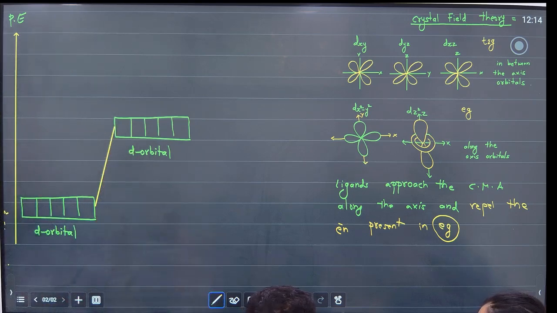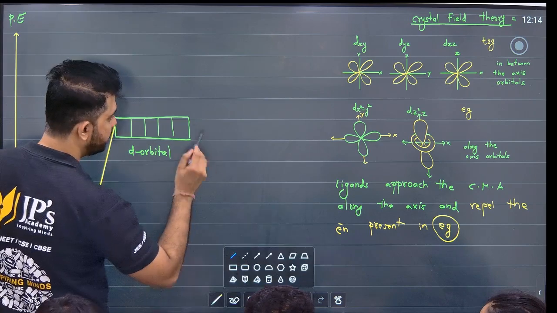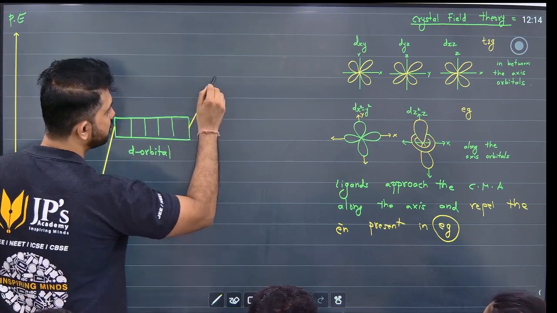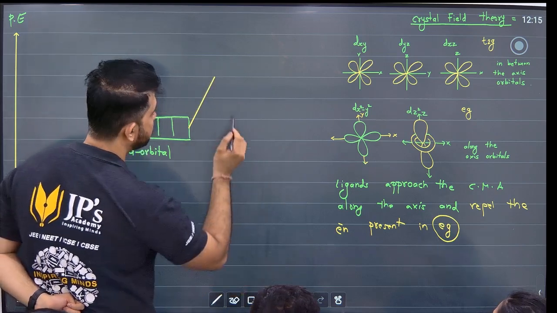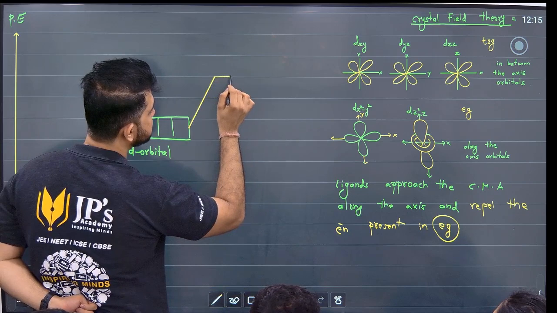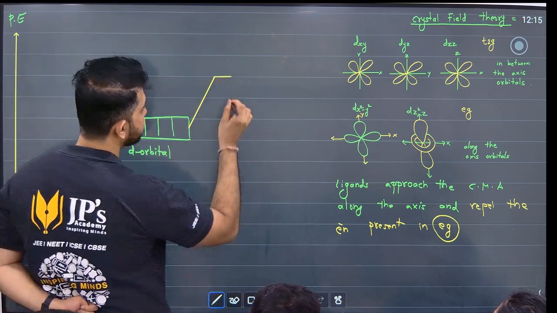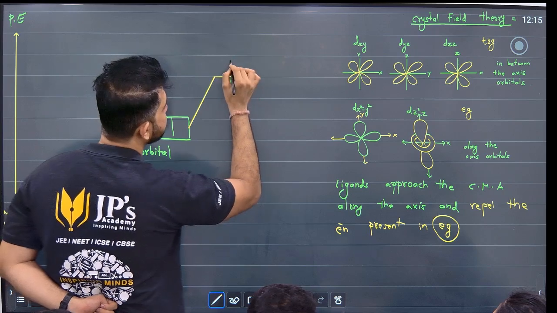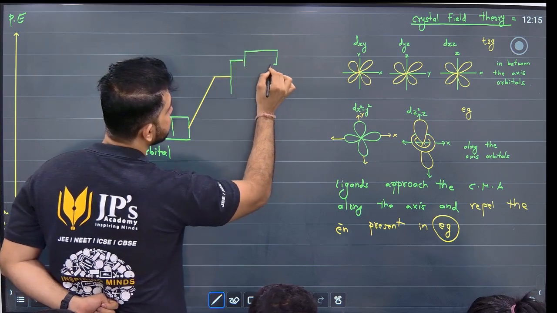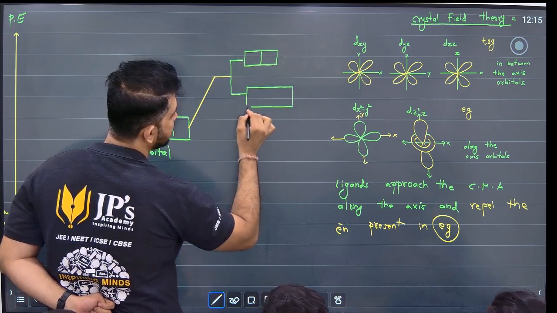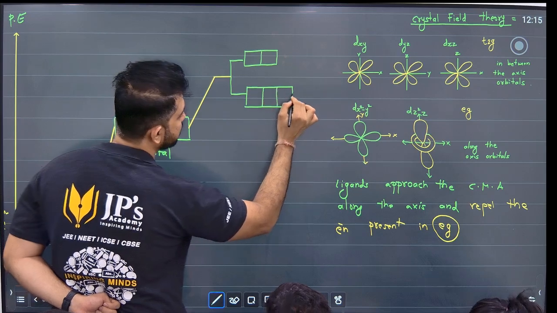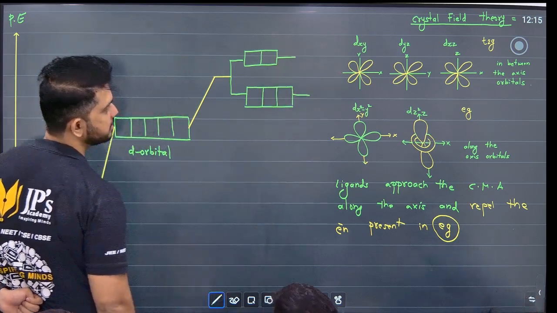And the d orbital splits into two further orbitals.